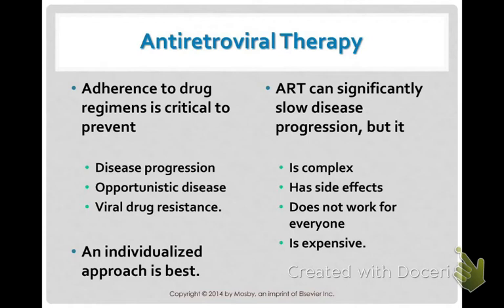You don't want them to start the medications and their body build up a resistance to it, and then it doesn't work for them. So adherence is critical to prevent disease progression, opportunistic disease, and also drug resistance.